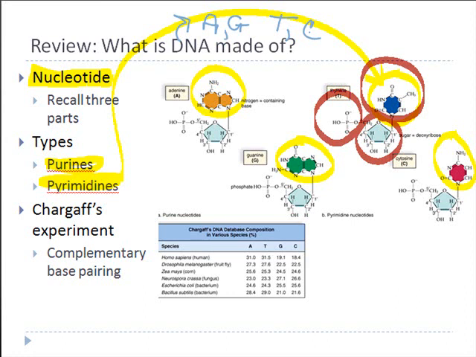And to make a long story short, what Chargaff found was that adenine always pairs only with thymine. Remember that DNA is a double-stranded helix, so one side of the double strand, if you had an adenine on the opposite side paired with it, you would always have a thymine. And the second thing Chargaff found was that guanine always and only pairs with cytosine.